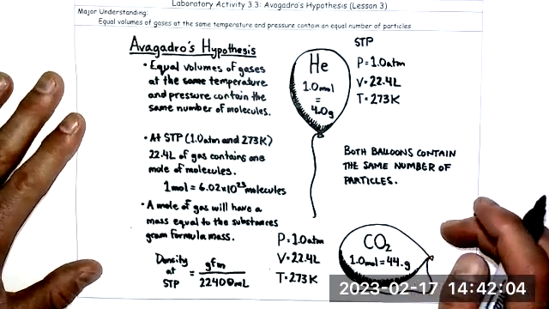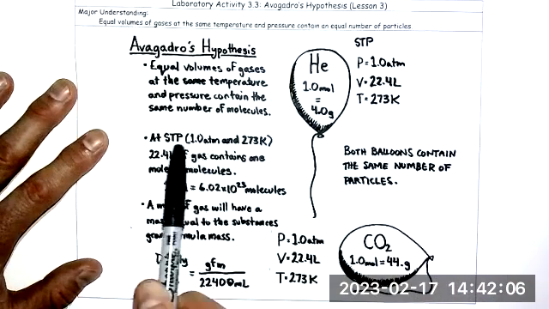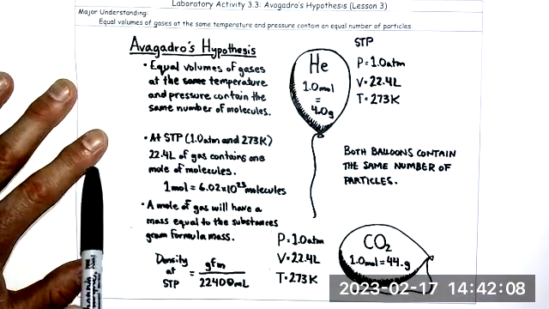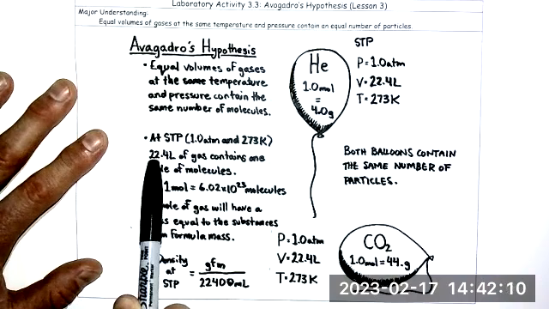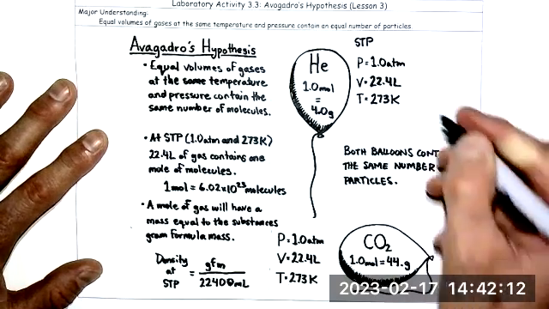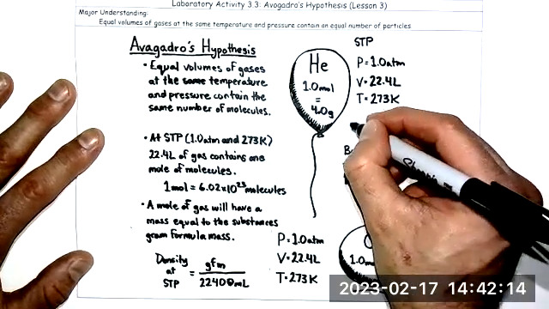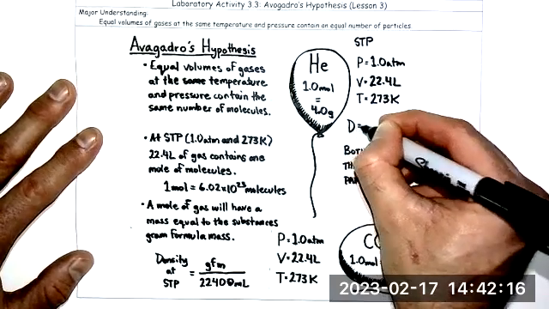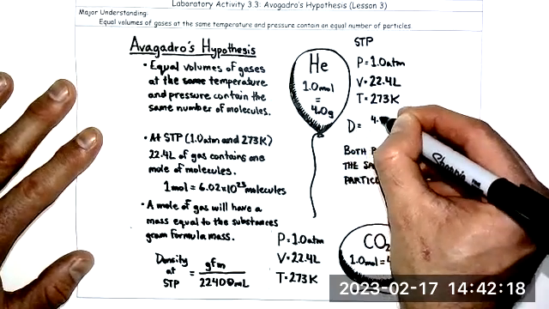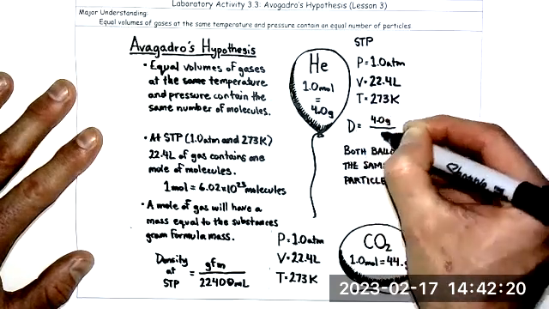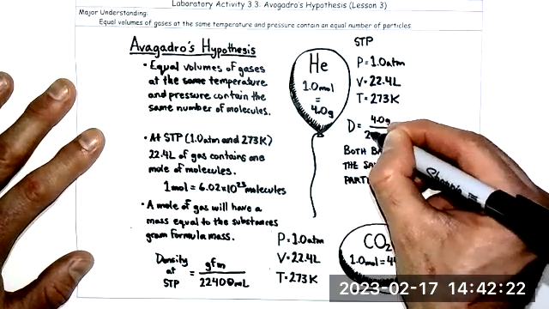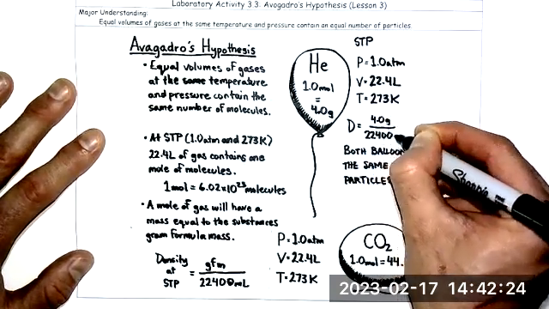So now we can use the relationship that 1 mole of gas has a volume of 22.4 liters to figure out the density. We can say the density of our helium gas is equal to 4.0 grams divided by 22,400 milliliters.